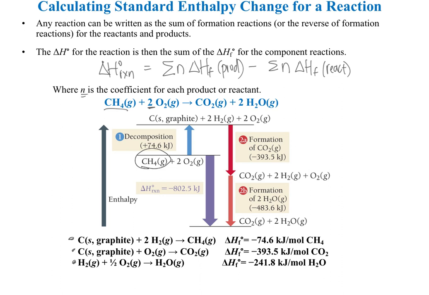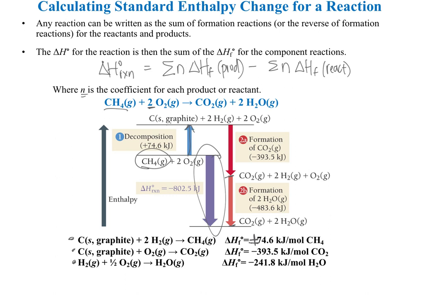So rather than forming it, decomposing it would be endothermic, right? I'd take that and make it positive because I had to flip the reaction. And then to take carbon and oxygen to form CO2, and to take oxygen and hydrogen to form water, I'm going to release more energy. So the total reaction amount is negative 802.5 kilojoules.